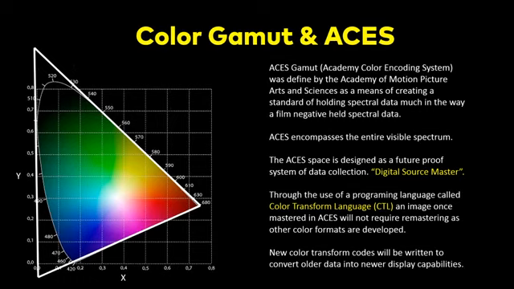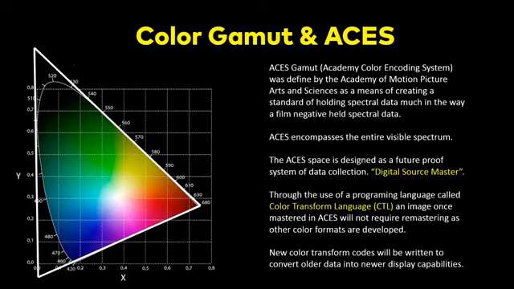So this is considered your digital source master. When you're shooting your movie, you're bringing it in through ACES. You're using a color transform language supplied by the manufacturer that says this raw data coming in is going to be processed in X fashion. And you do your post flow. And now you have basically a map that's laid out within this space.